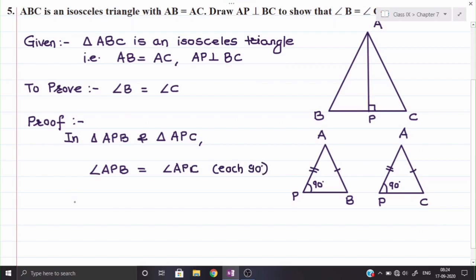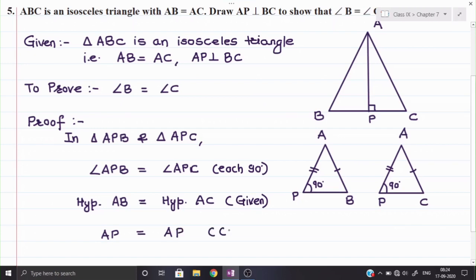Second condition, their hypotenuse should be equal. So we will mention here hypotenuse AB is equal to hypotenuse AC, because it is given in the question that AB and AC are equal. So that is with the help of given, that we can say. Third one is the common side, AP is equal to AP, that fulfills our third condition, that says out of the remaining corresponding pair, one more pair should be equal.